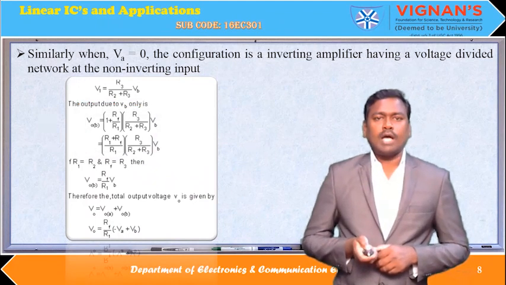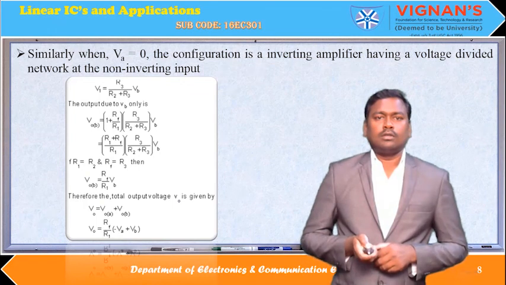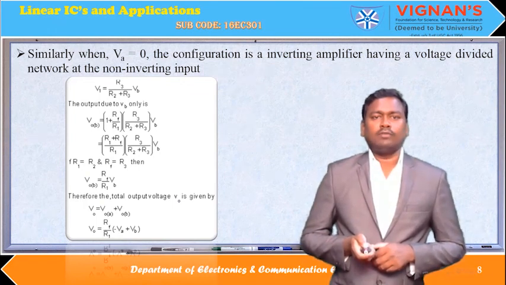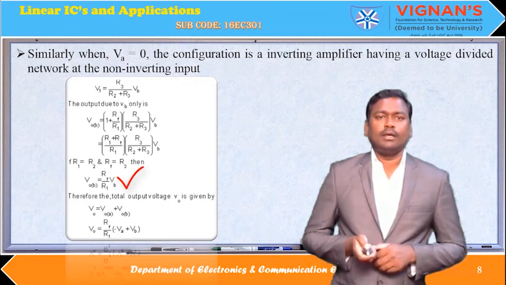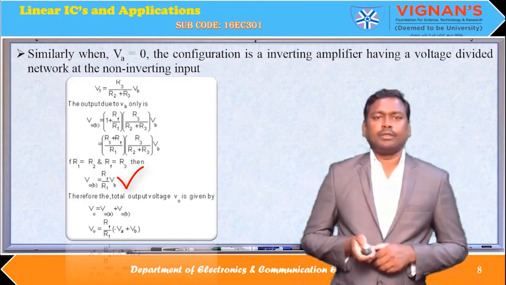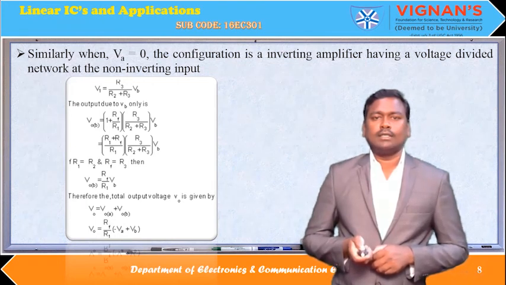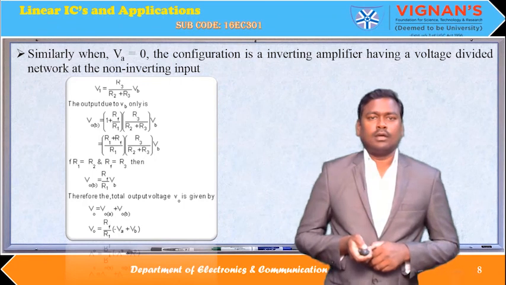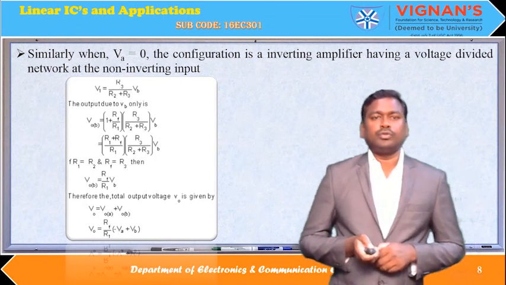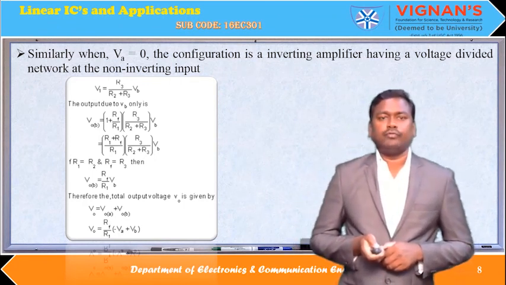If we assume R1 equal to R2 and R1 equal to R3, then Vout due to VB can be written as RF by R1 into VB. Therefore, the total output voltage is given by Vout due to VA plus Vout due to VB.